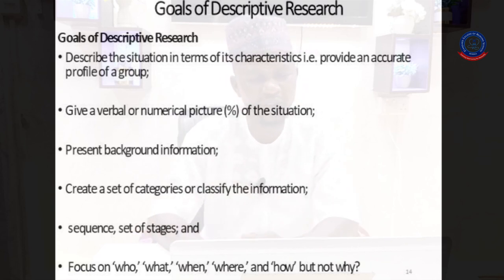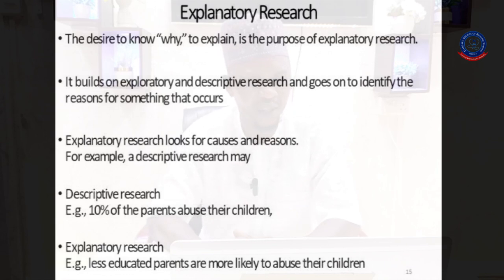Then we go to explanatory research. The desire to know why, to explain, is the purpose of explanatory research. Explanatory research tries to know why, always the reason behind a particular problem. Why is this thing like this? Then it builds on explanation.